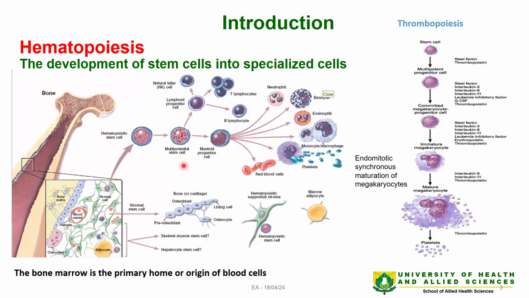So the earliest recognizable form of a cell lineage that would produce platelets is what we call the megakaryoblast. This megakaryoblast further differentiates into the megakaryocyte. And the megakaryocyte happens to be the largest cell. In actual fact, it's like a very giant cell found in the bone marrow space. It's the largest cell you'll find within the bone marrow space. And out of this megakaryocyte, you produce platelets.